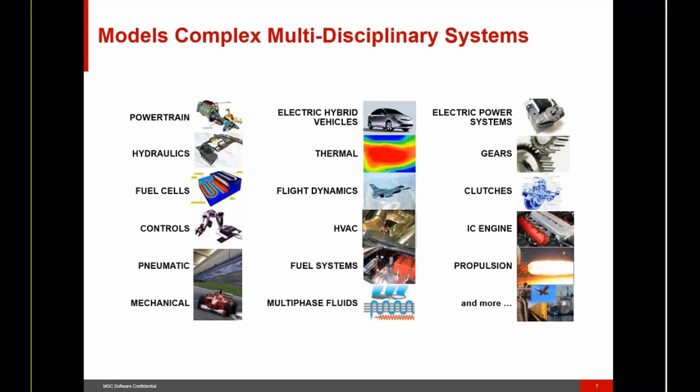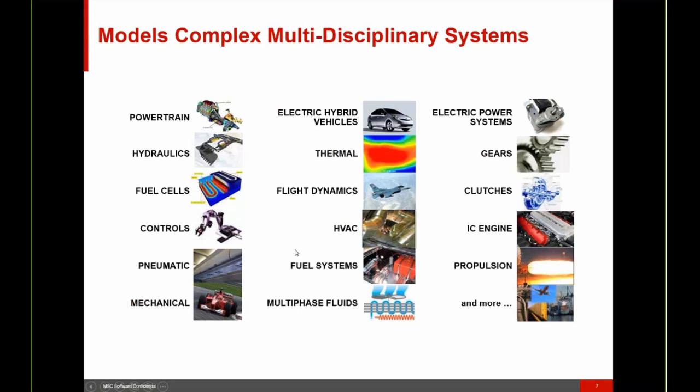Easy5 models can be simple models from a single discipline, or they can be complex models from multiple disciplines. Here's a list of some of the types of physics that can be modeled with Easy5. Today we'll be focusing on hydraulics and electric power systems.